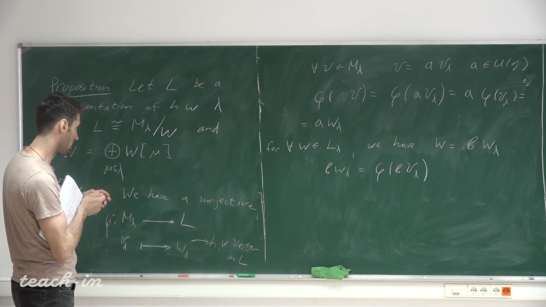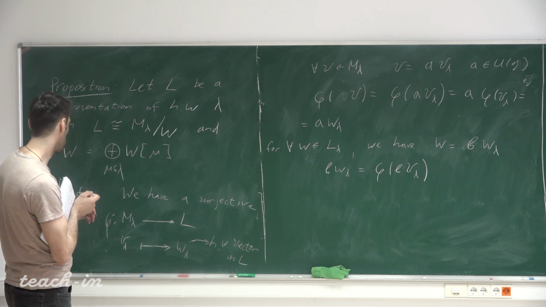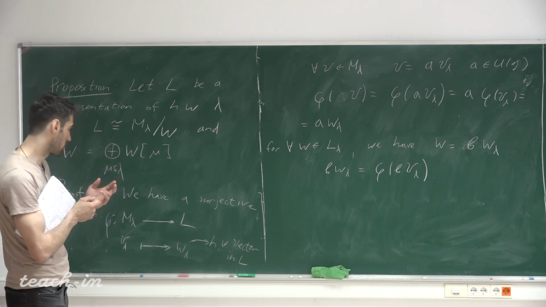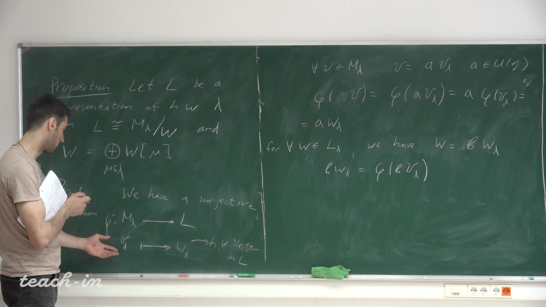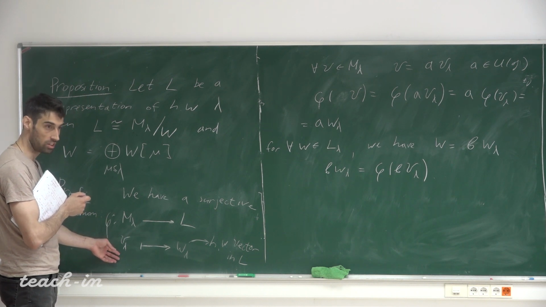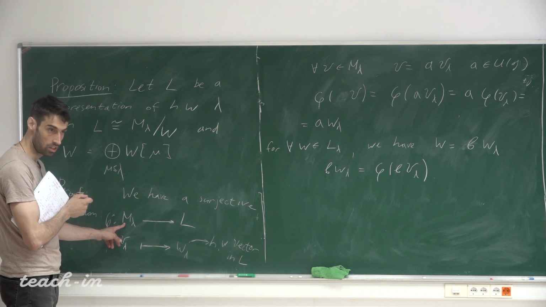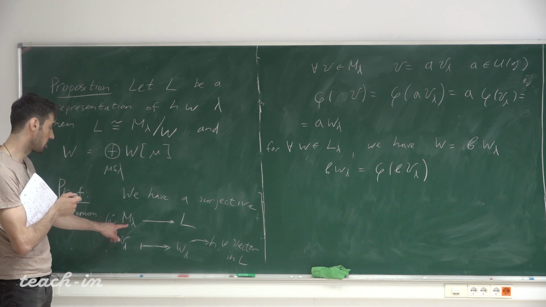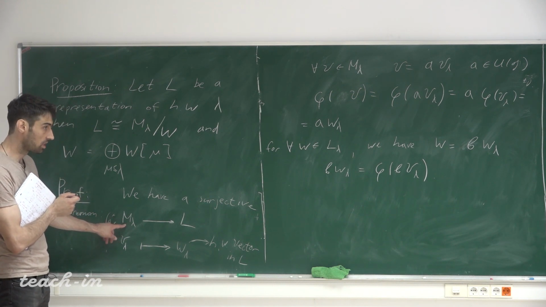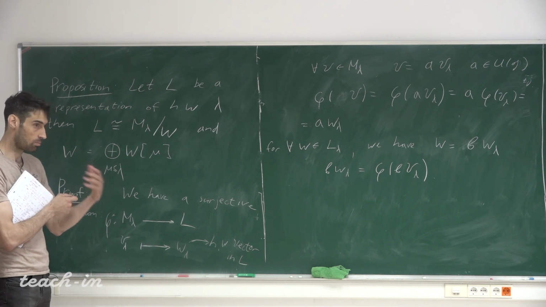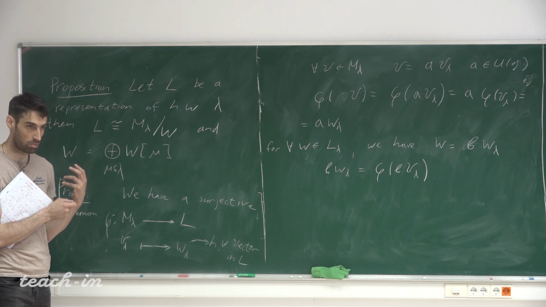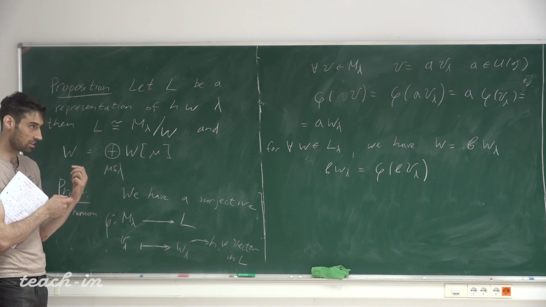We give some prescription. We need to still check that it is well defined. So for example, if I have some relation for vectors in M lambda, then phi should respect this relation, right? But M lambda is constructed in such a way that it is isomorphic as a vector space to U(n minus), by the Poincare-Birkhoff-Witt theorem.